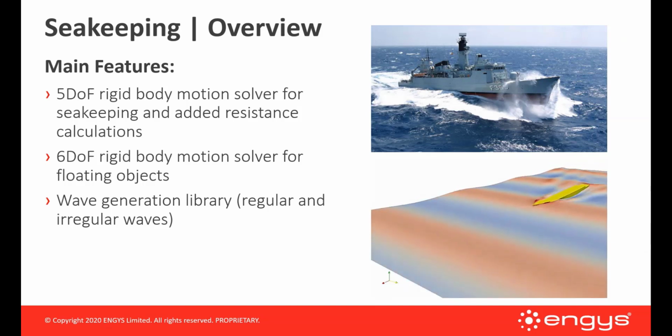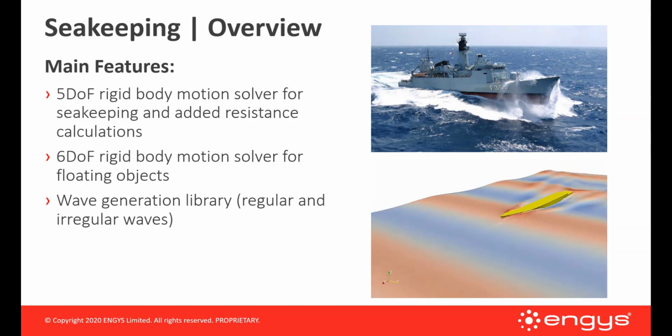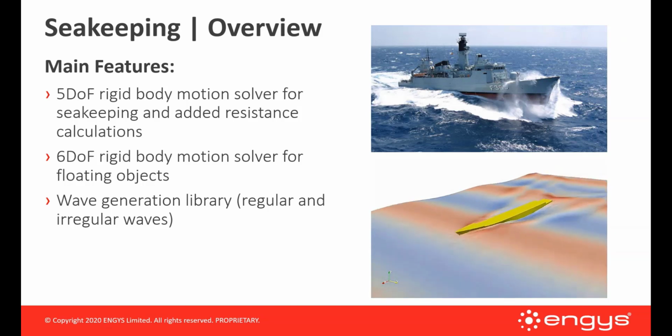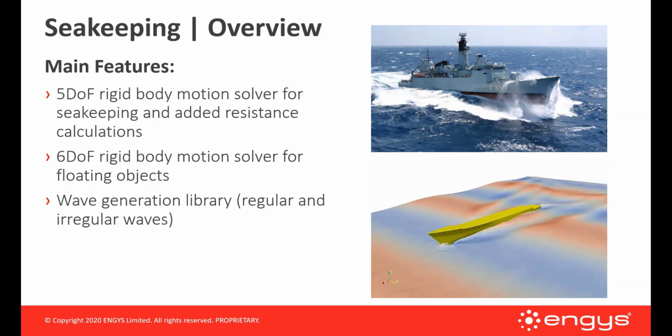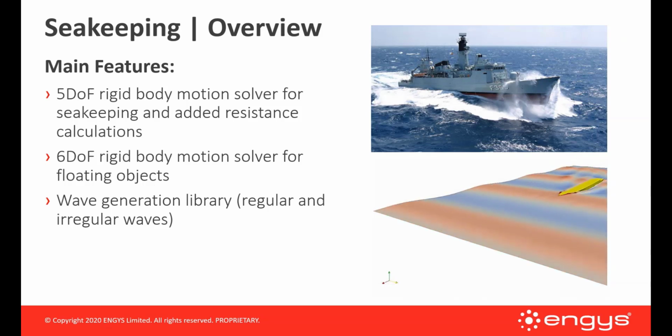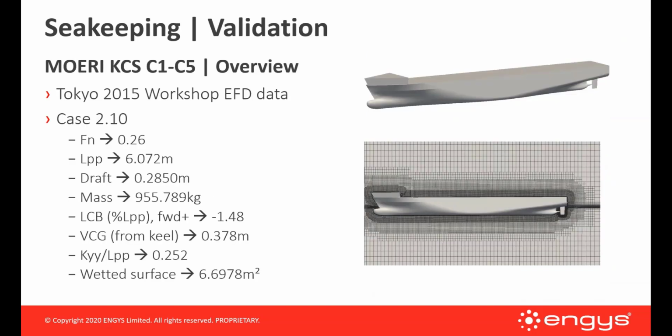Then we have a full 6-DOF option to model floating objects, buoys, floating structures for offshore and so on. Since we are dealing with seakeeping and added resistance, we have a wave generation library for both regular and irregular waves. And looking at validation cases, one which I've selected here for today is the Tokyo 2015 workshop.